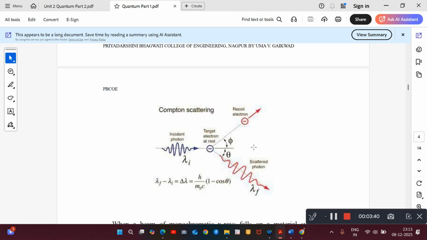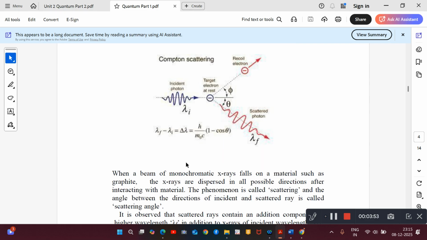The scattered photon has a higher wavelength, denoted lambda f, whereas lambda i is the incident photon wavelength. The difference between them, delta lambda, equals h upon m naught c into 1 minus cos theta, which is the Compton shift equation.